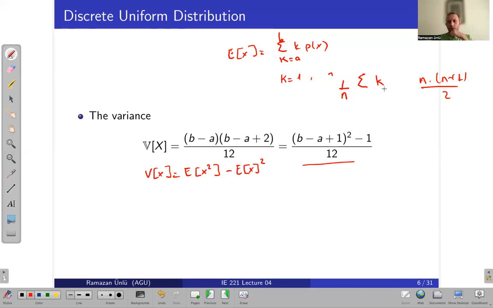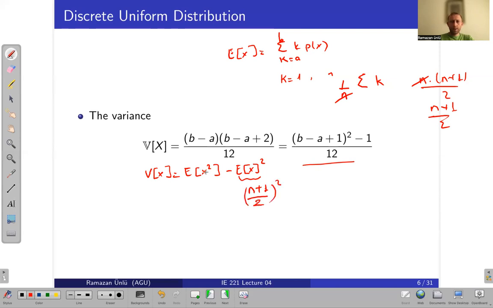These two terms will cancel each other, and I will stay with (n plus 1) divided by 2. So this is the expected value of x. So I know this part, which is (n plus 1) over 2, squared.